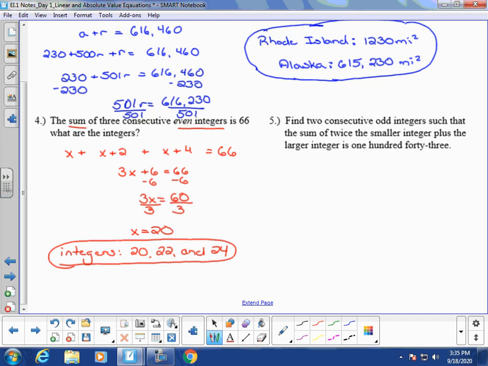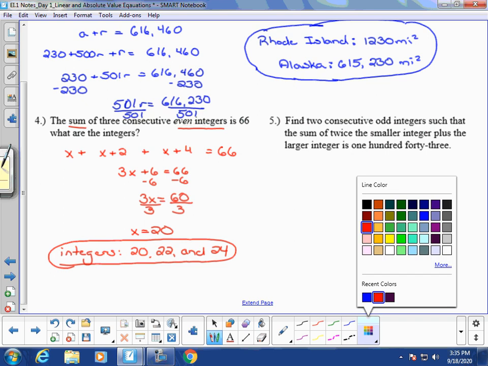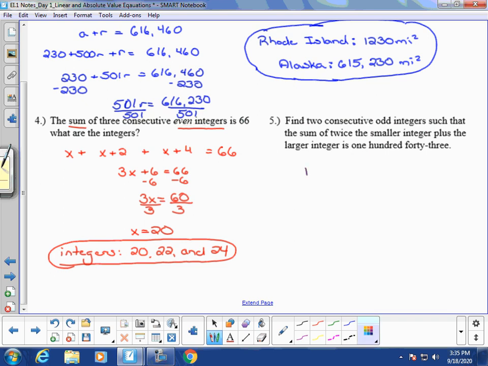Problem number 5 is very similar. But now it's two consecutive odd integers. Remember, with odd integers, they skip over 1 as well. So we want to find two consecutive odd integers. They're right next to each other. So that's, notice, such that the sum of twice the smaller plus the larger is 143.